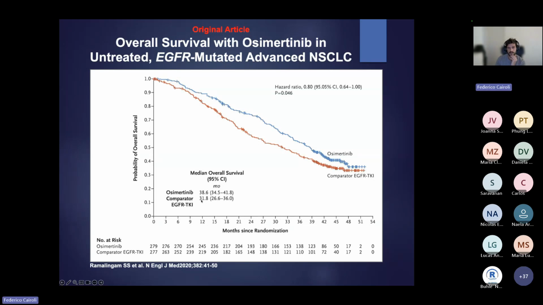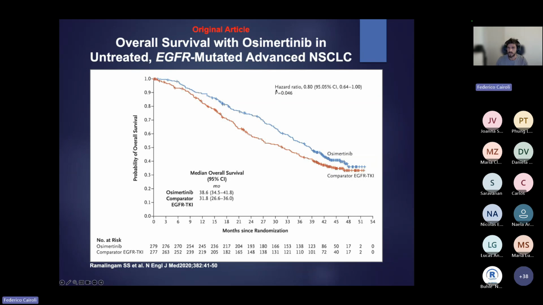You can see this number here, while for the treatment arm it is higher. In this case, it is approximately 38.6. So we know that on average, the people on the treatment arm are going to live more.